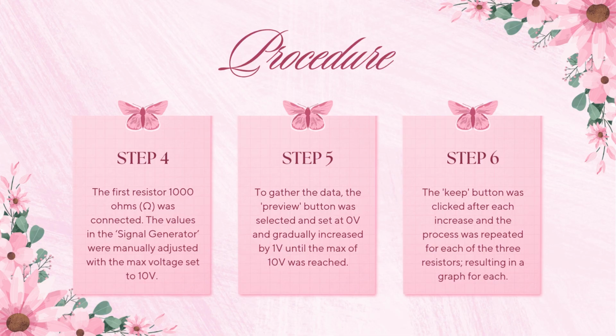The preview button was selected and set at 0V and gradually increased by 1V until we reached 10V. Next, the keep button was clicked after each increase and the process was repeated for each of the three resistors, resulting in a graph, which we took a picture of and recorded.